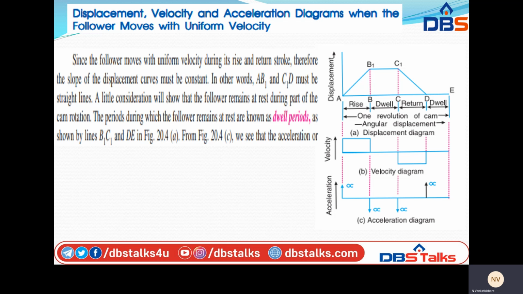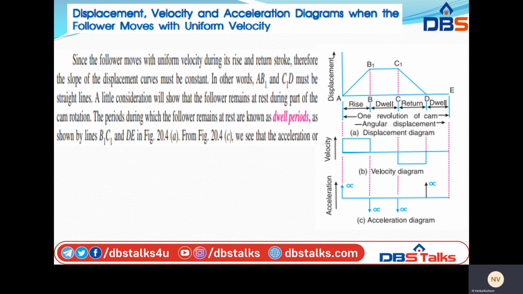First, the displacement, velocity and acceleration diagrams when the follower moves with uniform velocity. To draw these, just like graphs, in the x-axis we take the time, and in the y-axis, the ordinate, displacement or velocity or acceleration.